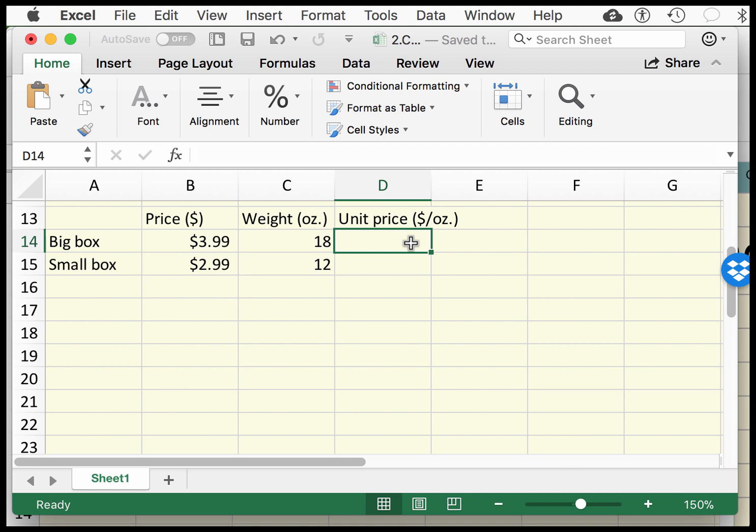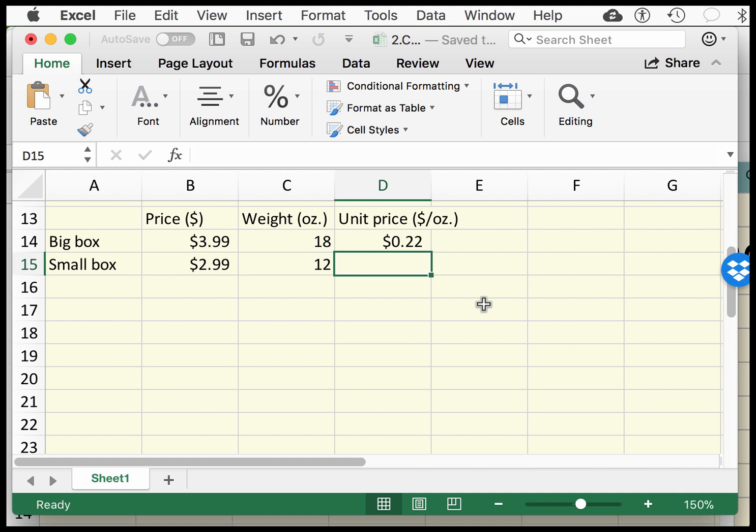So I'm going to use a formula here, equals this number, which is B14, and divide that by this number, which is C14. And if I enter, I get 22 cents. What that means is that it costs 22 cents for each of the 18 ounces.